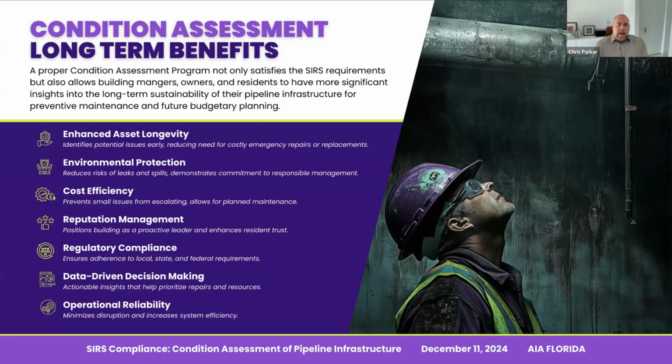And then finally, it all ties back to SIRS compliance, the regulatory compliance aspects, making sure that we have complete data sets for every single piece of pipe within a building structure so that the SIRS can be completed appropriately. The whole point of that integrity study is obviously to ensure integrity, but the ultimate goal is to make sure that these communities have the money to actually resolve the issues at hand.